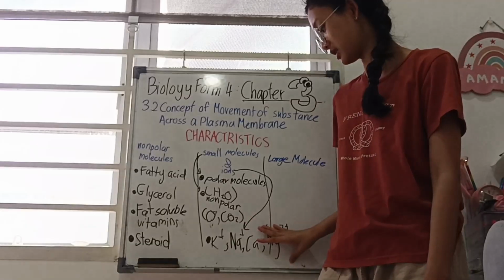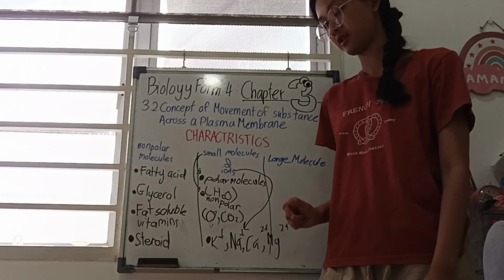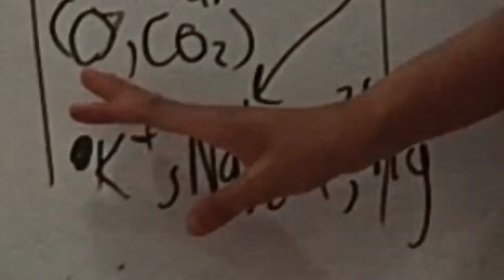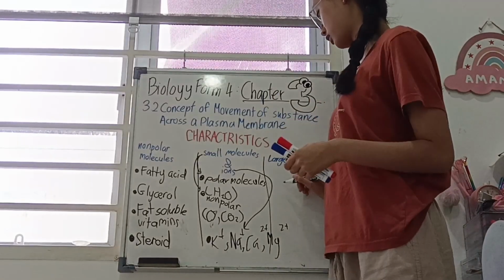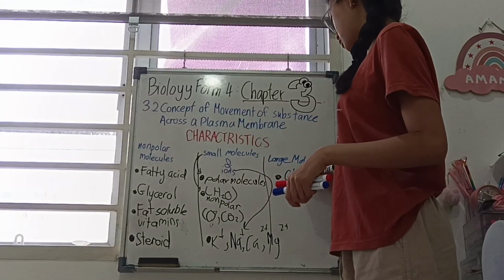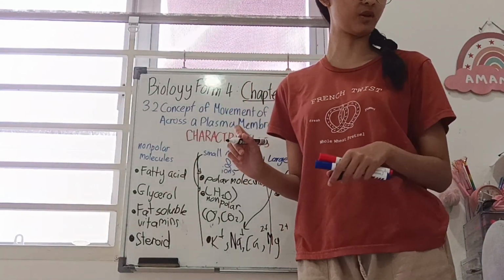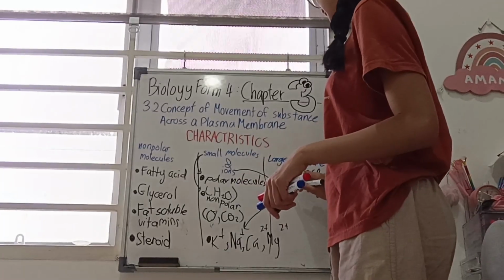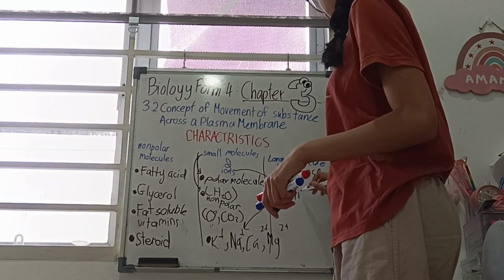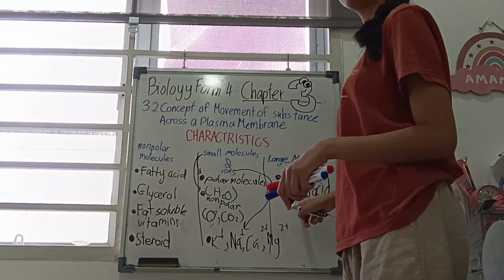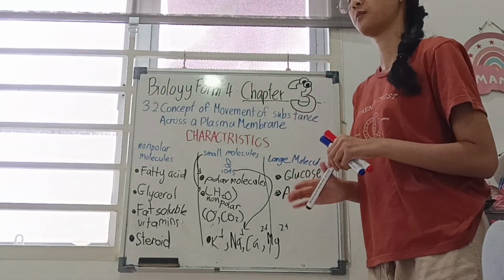The large molecules need to use carrier proteins because they are way too big. For large molecules, an example is glucose. Another example is amino acid. Amino acid is a protein, so this one needs to use the protein channel.